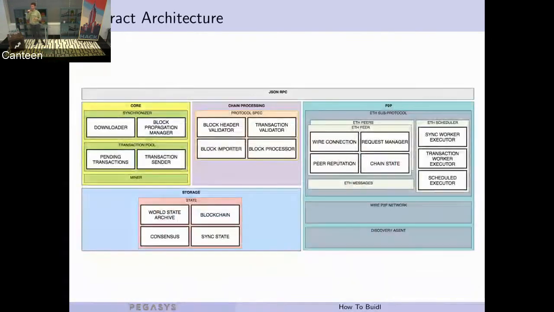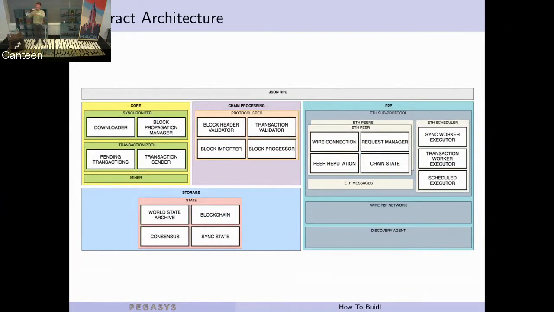Okay, so this is a diagram that we made that roughly describes the Ethereum architecture as implemented in the Pantheon client. Of course, every diagram like this is a big oversimplification, and there are many ways to create such a diagram. We had many ideas from my friends and colleagues on how to best articulate it.